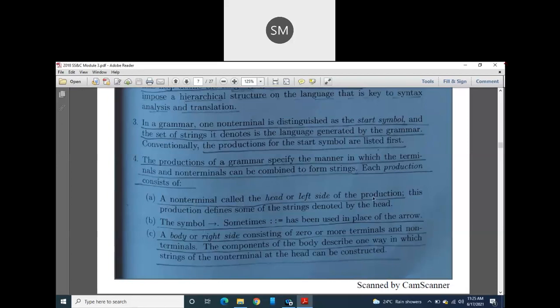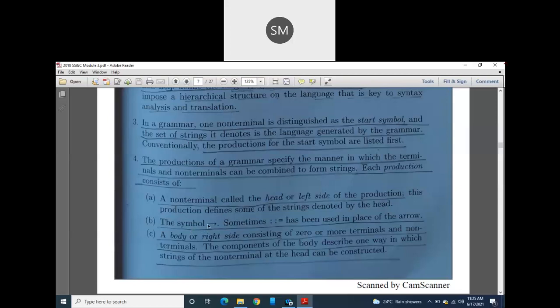The left side of our productions is always a non-terminal. Non-terminals will be on the LHS, and on the right side there are terminals, and sometimes a combination of terminals as well as non-terminals. In between the right side and left side, there will be one arrow mark.